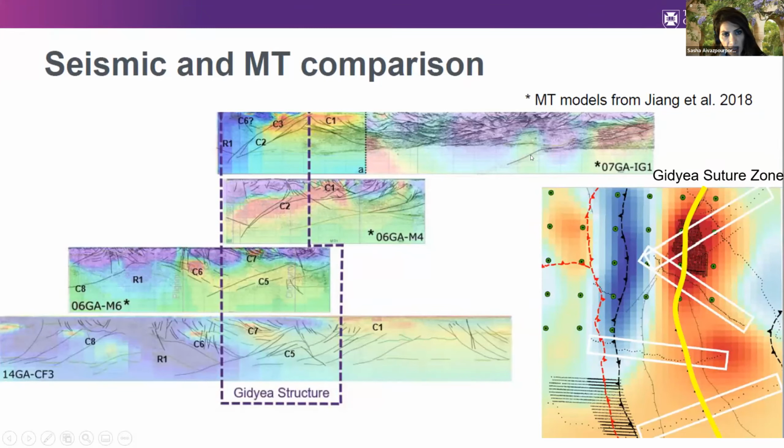What other thing I have to mention here, I guess these models are from Zhang et al., but I guess Janelle has put some structures here. The seismic structures at the back, you can see how this conductivity here matches the Giza structure, and further south it gets a bit weaker.